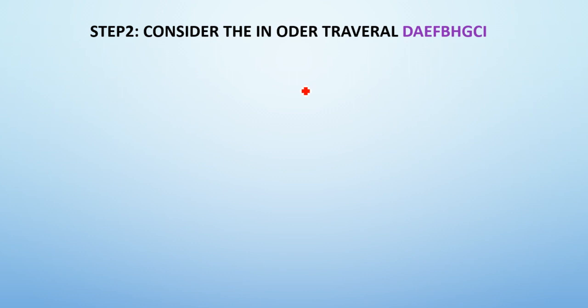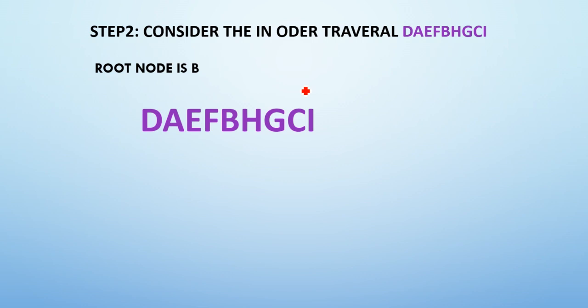Now let's go to step 2. In step 2, we will consider the Inorder. So the Inorder is given, and we know from the previous step that the root node is B. With this information, let's find out what is the left part of the root and right part of the root. So we know B as a root node.